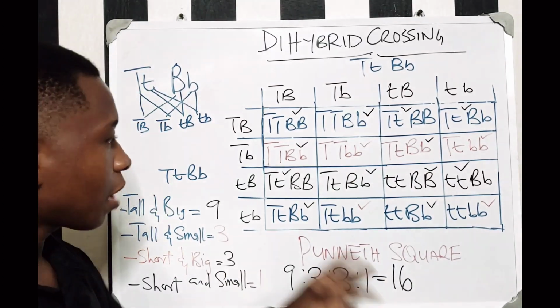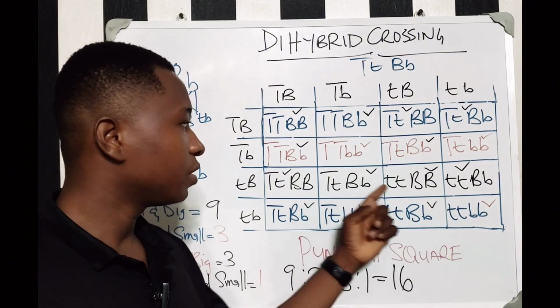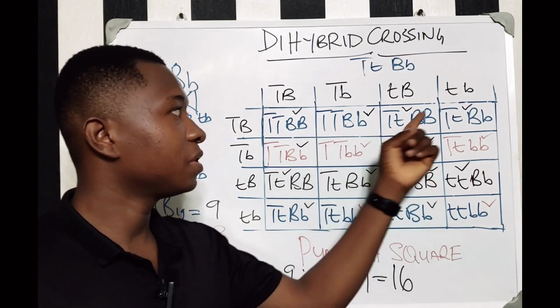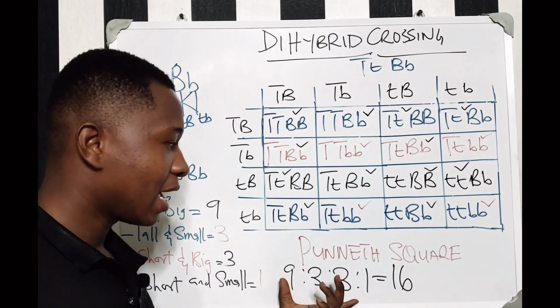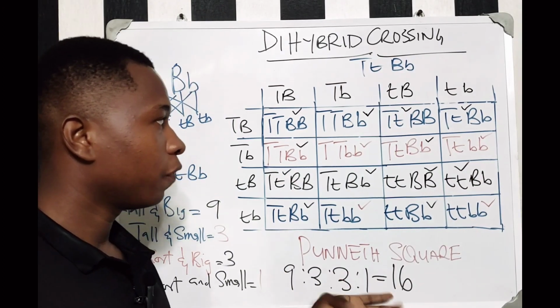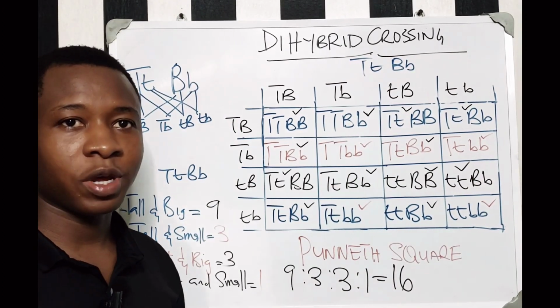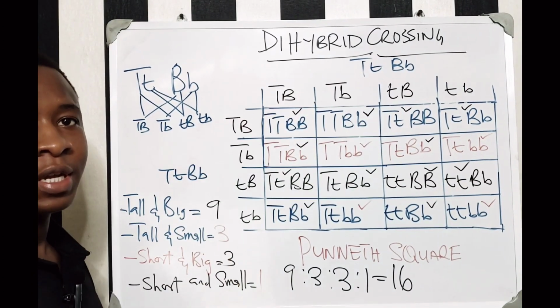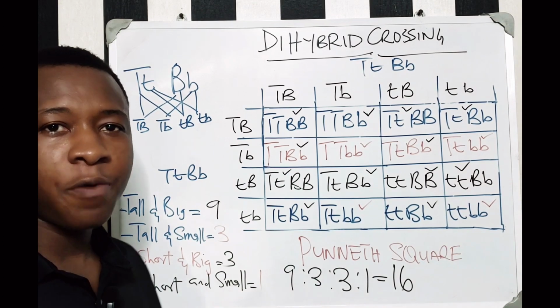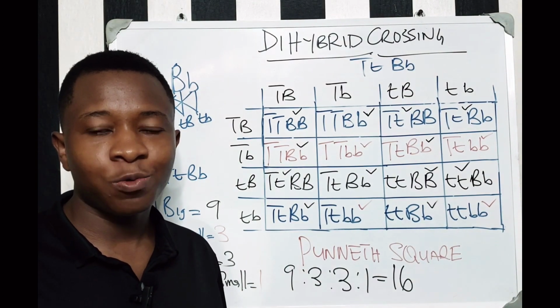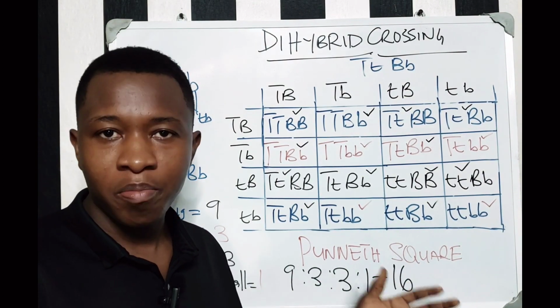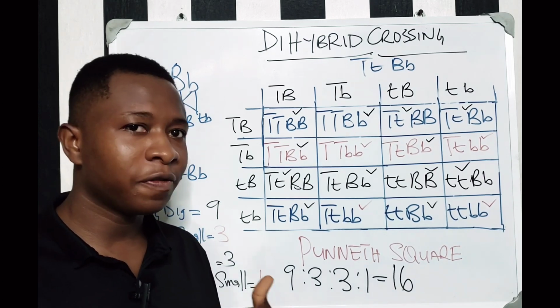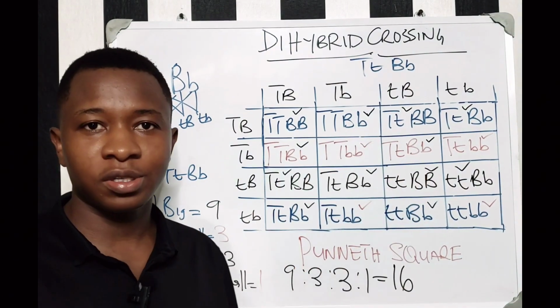If you count this box, 1, 2, 3, 4, 5, 6, 7, 8, 9, 10, 11, 12, 13, 14, 15, 16. So these are the ratios for this Punnett square. This is just how we cross 2 characteristics. Now in our next video, we're going to be looking at how we cross 3 characteristics, and we would use the checkerboard method. That should have around 64 different boxes.